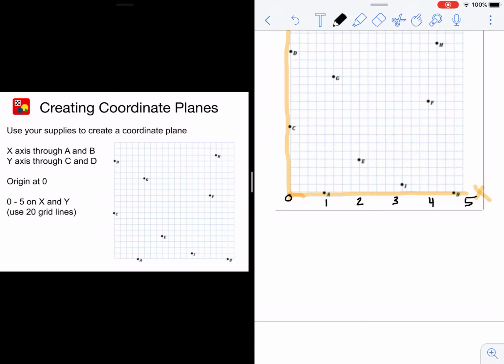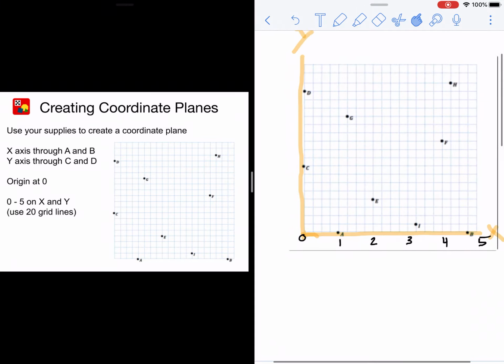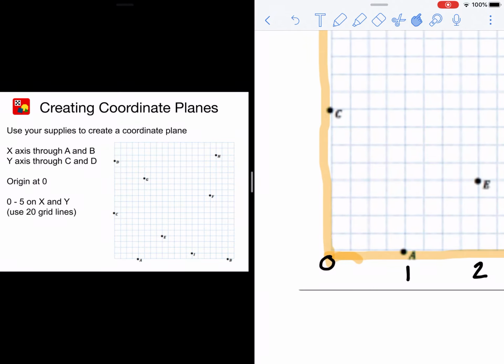Okay, so if we need the numbers 0 through 5, and we're using 20 grid lines, all I did was take 20, divide it by 5, and that gives me 4 spaces in between each number. So I'm going to do the same thing over here on this side.